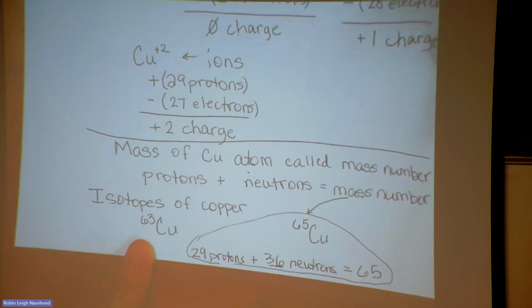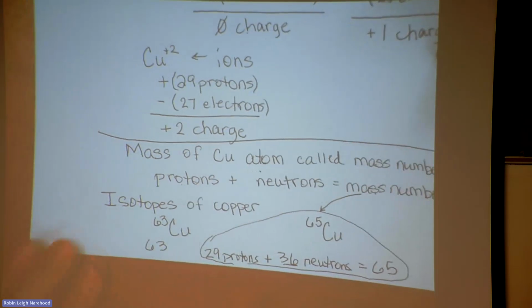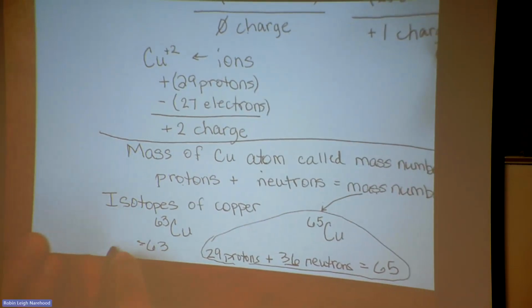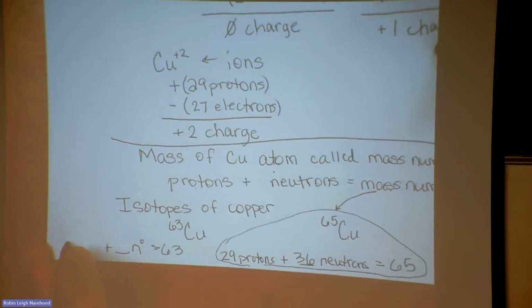What about the ones that have a mass of 63? That would be, our total is 63. And we have a certain number of neutrons. And I'm just going to put a little n with a 0 there. And 29 protons. So 29 plus 34.